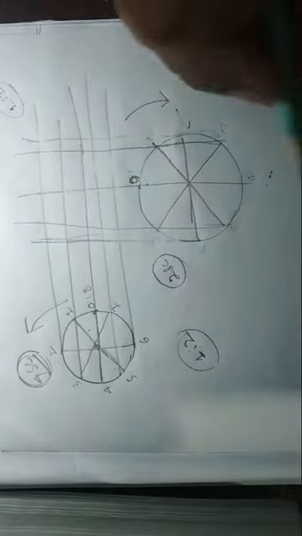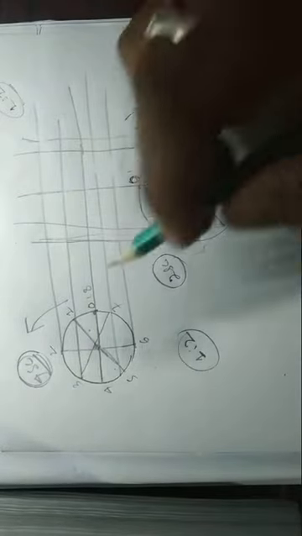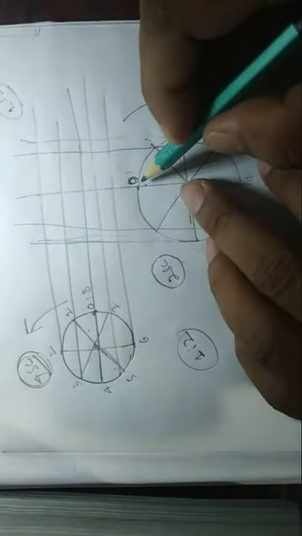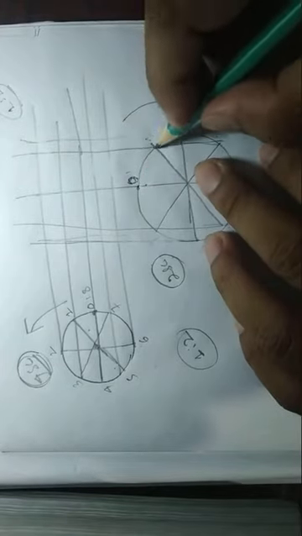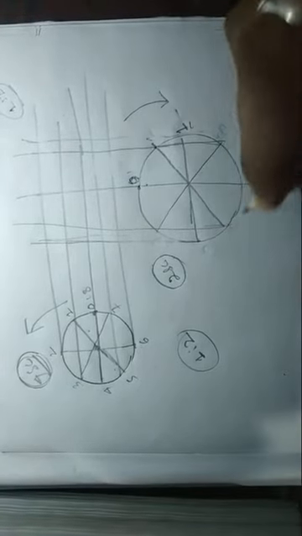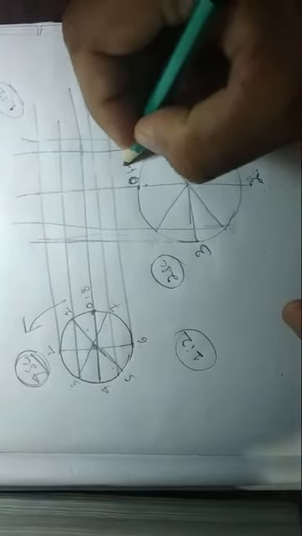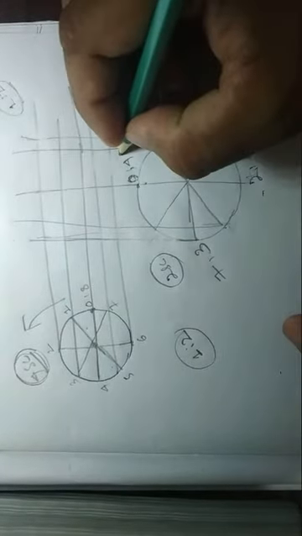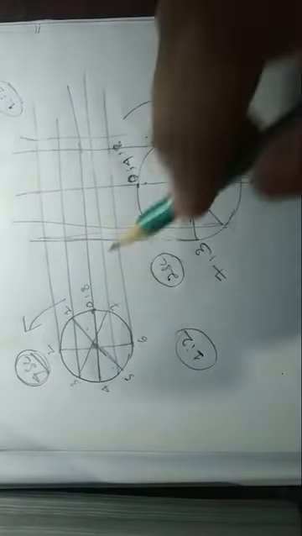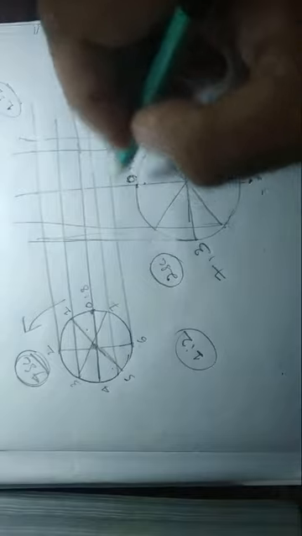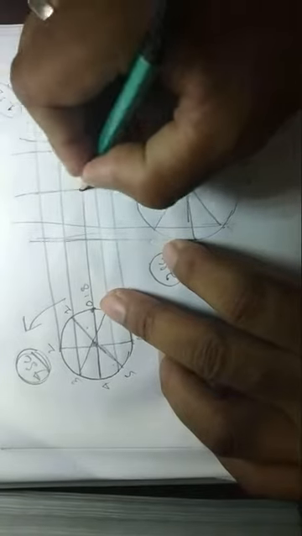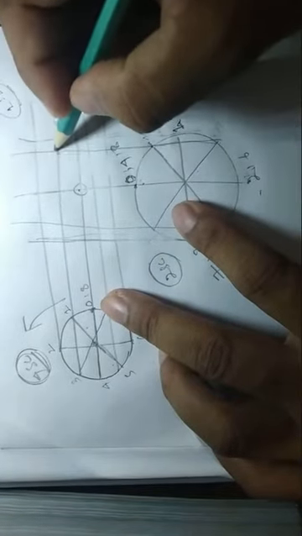But as the angular velocity ratio is 2:1, for 1 rotation of this one, 2 rotations should be there in the other. That means here 0, then one step is 1, another step is 2, another step is 3, another step is 4. Okay, 5, 6, 7, 8. Got it? So for one rotation, 1, 2, 3, 4, it rotates 2 times on the circumference. Now you draw the figure. 0, 0, 1, 1.